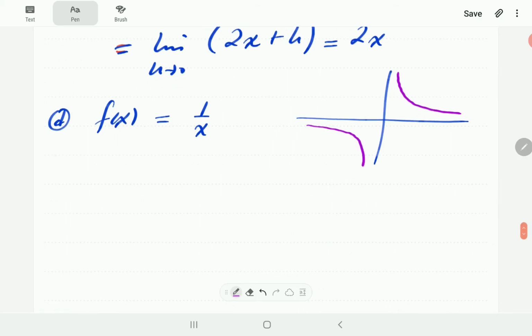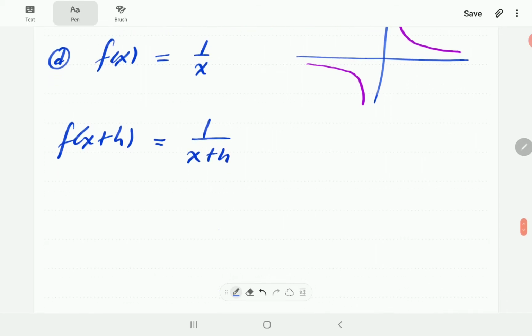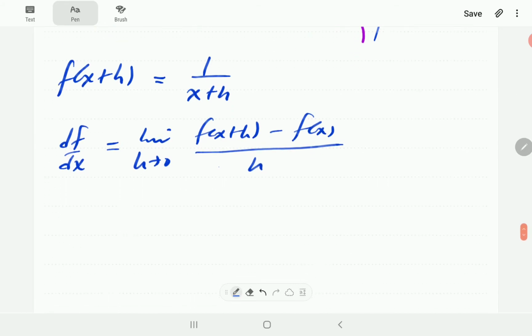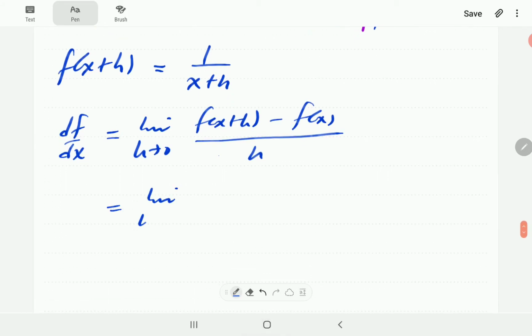Okay, so let's see. f of x plus h is going to be 1 over x plus h. Then df dx, which is the limit as h goes to 0 of f of x plus h minus f of x, is going to be equal to 1 over x plus h minus 1 over x, all divided by h.